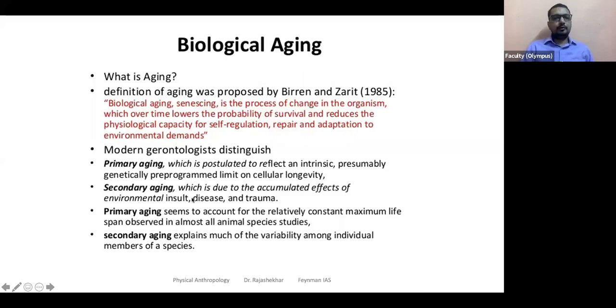So today I'm going to briefly talk to you about the concept behind primary and secondary aging. Aging can be of two different types. One is called primary aging. Second one is called secondary aging. So what is the difference between the two? Primary aging is a natural phenomenon. It is a process where we're talking about the intrinsic and most likely genetically pre-programmed nature of cellular longevity, or how long cells can actually divide, how long they can be active.